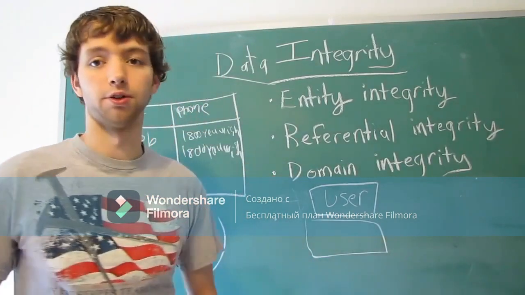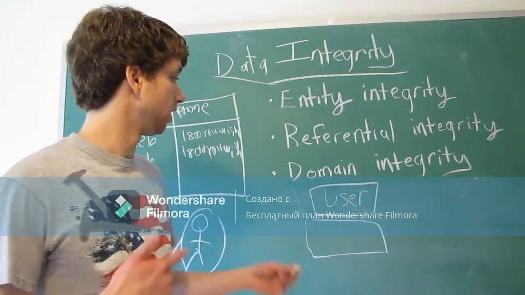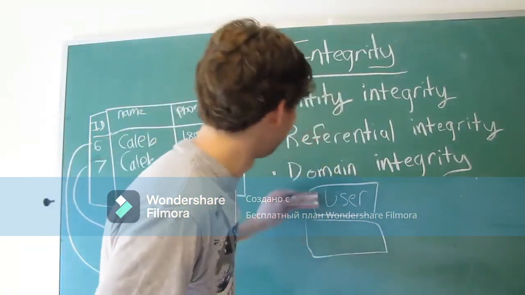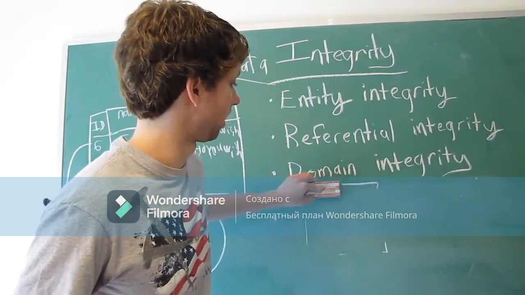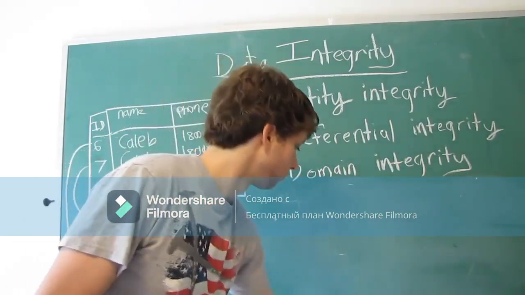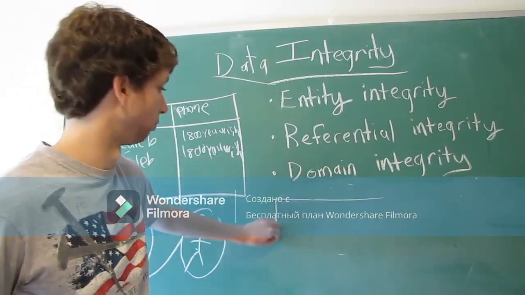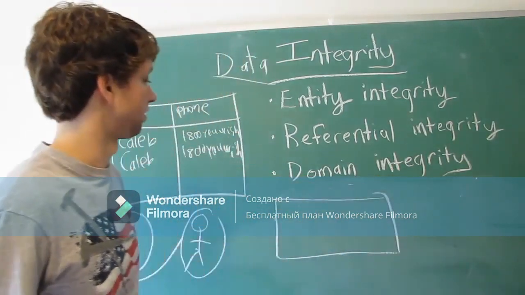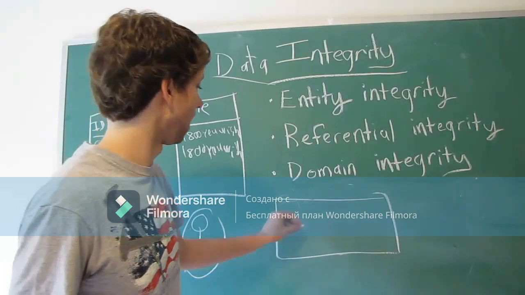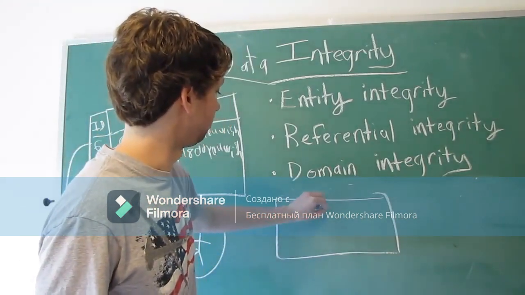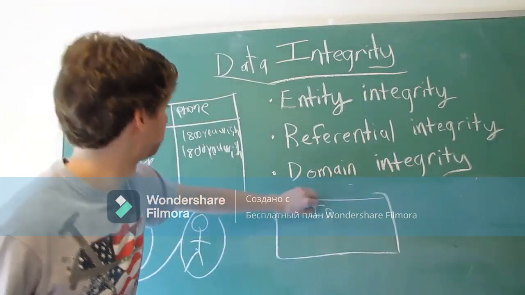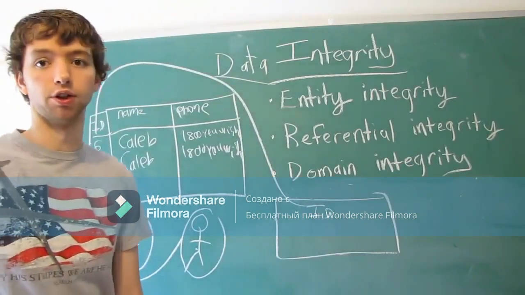On to referential integrity. This is the one we talked about earlier, when we reference the ID of a table in another table. If we had a comments table on the website, right? And we say who the comment is by, we have a user ID which points back to this ID over here.